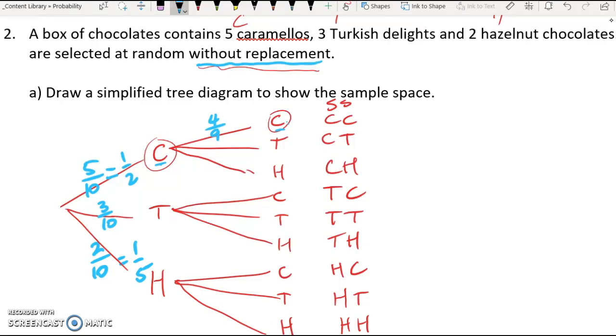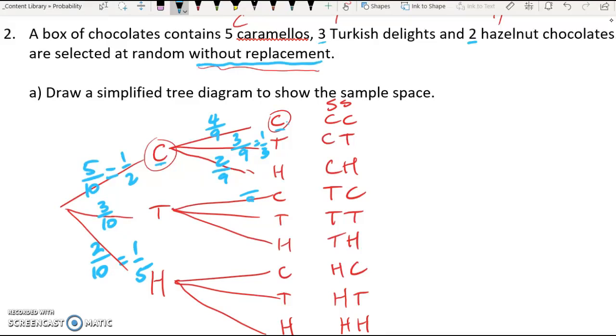For the Turkish delights, well, there's still 9 chocolates in total left in, so we put it out of 9. But the number of Turkish delights wouldn't have changed if you've picked a caramello first, so you've still got 3. So it's a 3 out of 9, or a 1/3 chance, if we simplify that, 3 over 9. Then for the hazelnuts, it's out of 9 as well, and that number hasn't changed either. It's 2 out of 9.